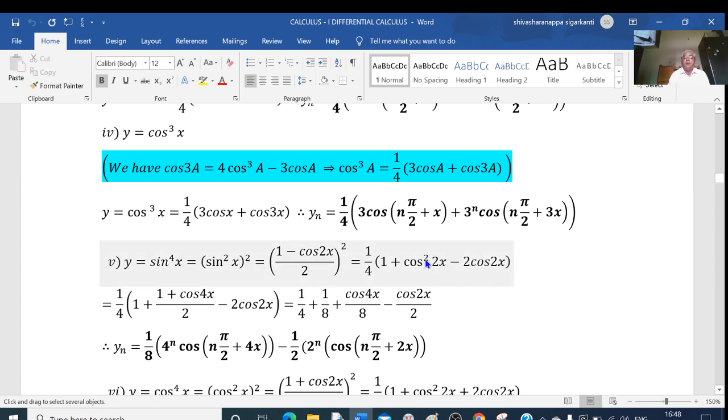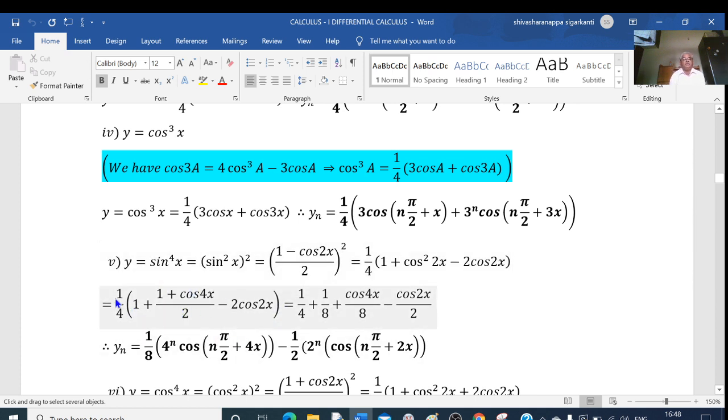Again power is here. Again we have to convert this in terms of sum or difference. So this is equal to 1 by 4 into 1 as it is plus cos square 2x, which can be written as 1 plus cos 4x by 2, minus 2 cos 2x as it is. Now I can find the nth derivative of all these functions.